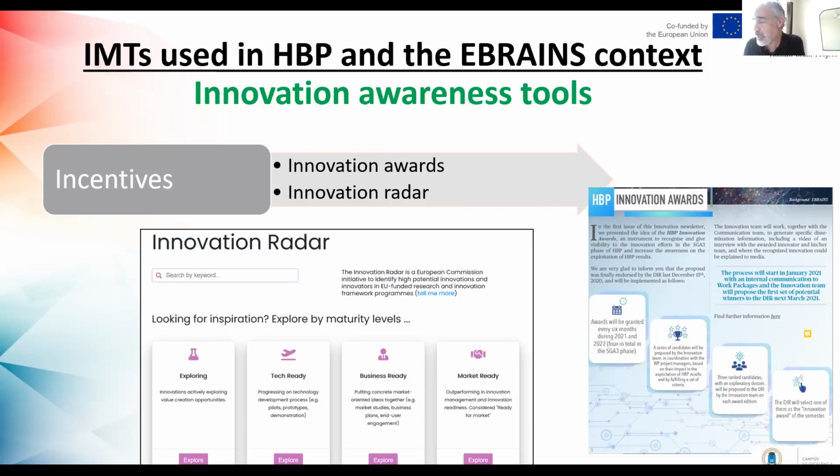Regularly, once per year, we have to inform the Commission on the different results that we have in HBP. That's why we address you with the question, and we try to find together and create a list of technologies that could be candidates for this Innovation Radar. And then the Commission receives this from us and from many other European Commission projects, and puts them on this web page. So you can search Google for Innovation Radar European Commission, and you can explore with different keywords.